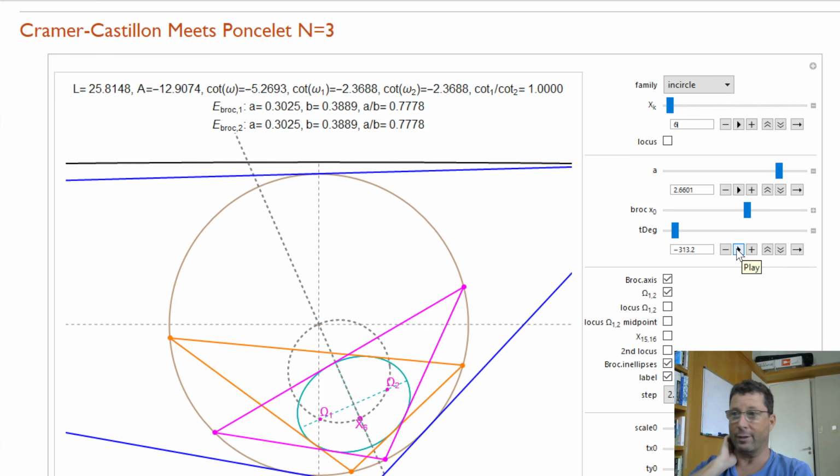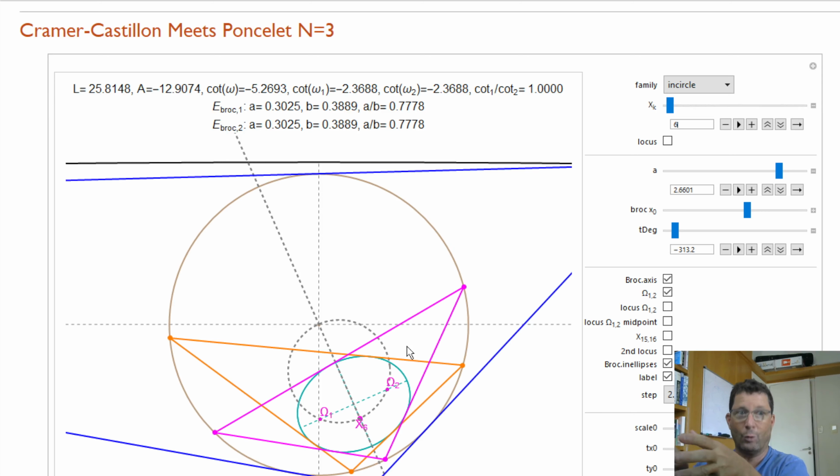And what does this Brocard porism look like? It has this caustic here of the Poncelet family as its circumcircle, and it has this instantaneous Brocard in ellipse as the common caustic. So these two triangles here, the orange and the magenta, they belong to the same porism, except that I'm not drawing the one-dimensional family of triangles that would belong to this porism.